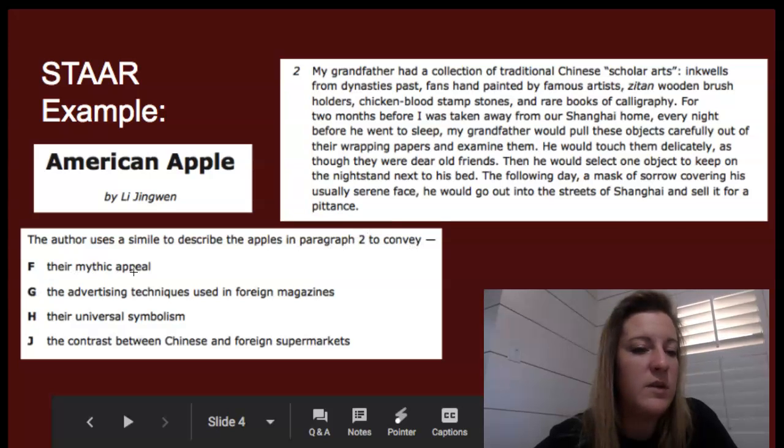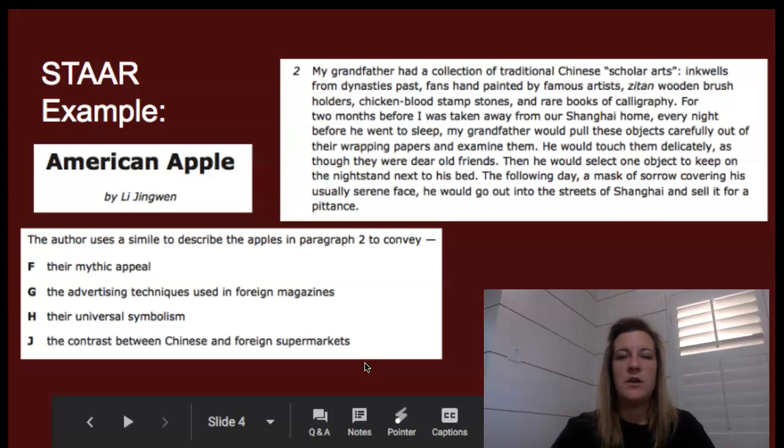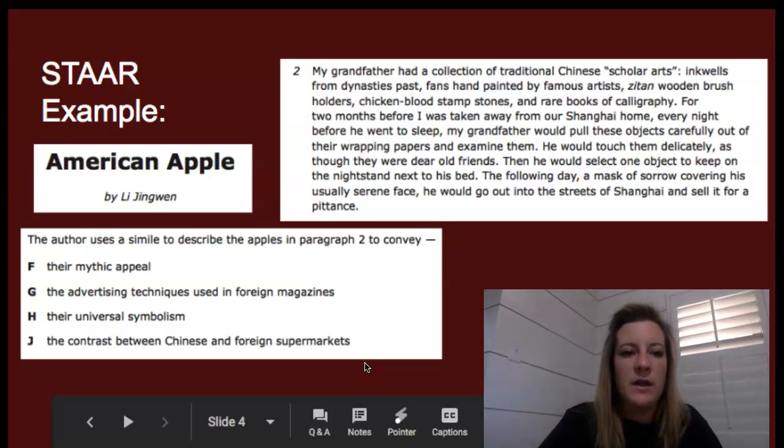Their mythical appeal. So the word mythic, if we look it up, the definition of mythic is an exaggerated, hold on, let me make sure I'm telling you correctly.